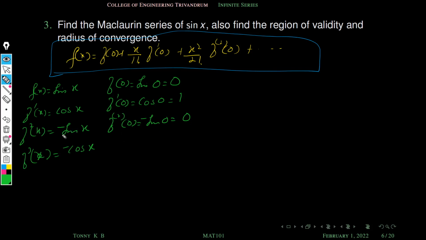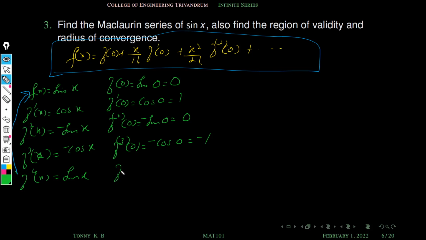Next we differentiate this f2, that is f3, that is minus cos x. So what is f3 of 0? That is equal to minus cos 0, that is equal to minus 1. Then what about f4 of x? The derivative of minus cos x is sin x, since one more minus is there. That is the same as our first one, right?